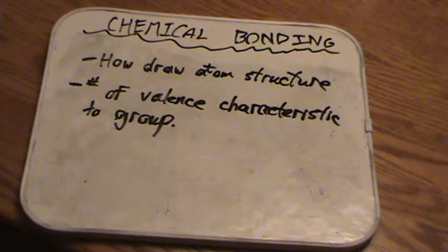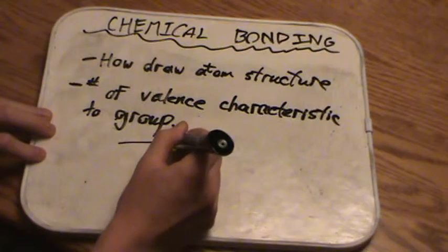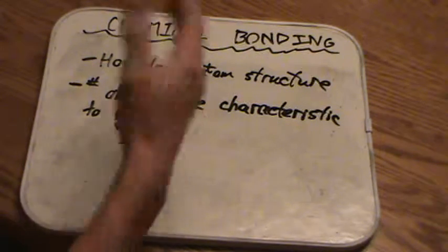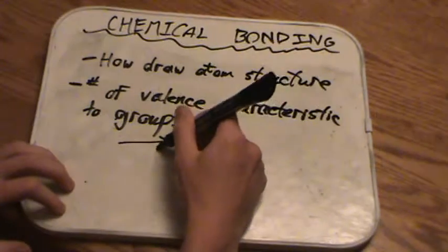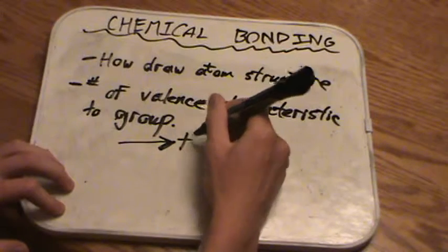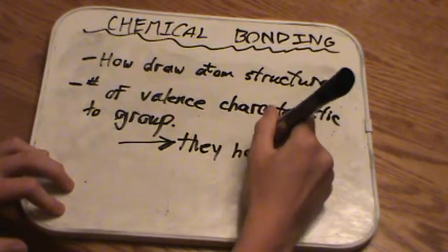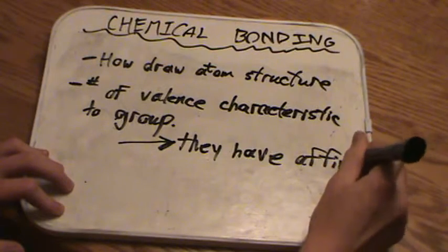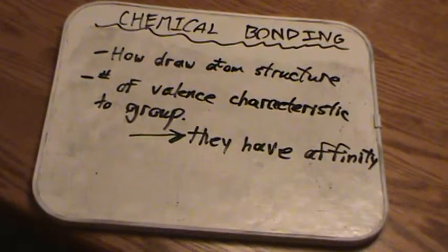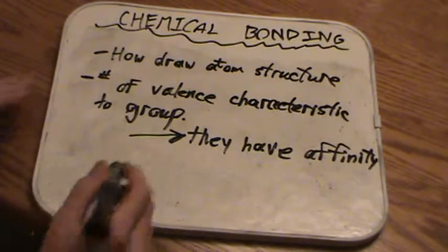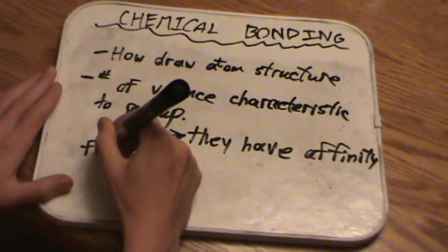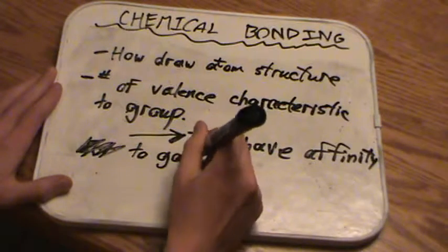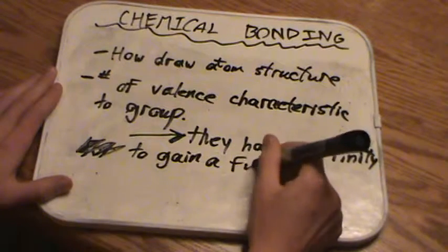Because in our last video we also discussed how these elements that have certain valence electron numbers defined by the group that they are in have an affinity to gain a full outer energy level.